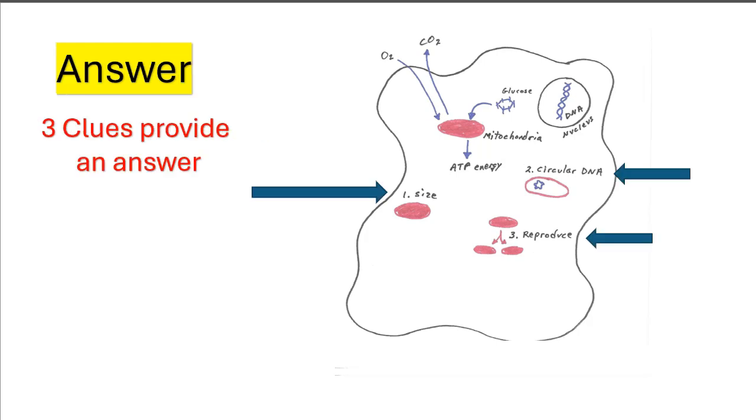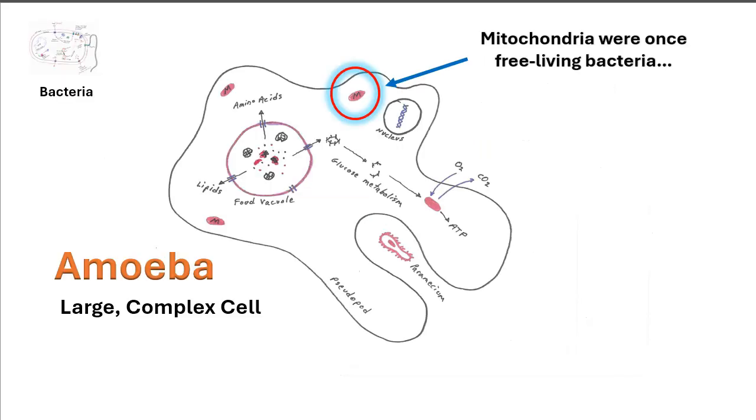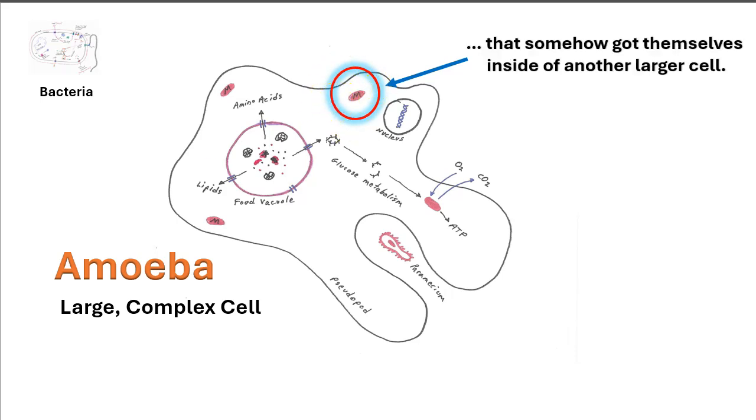Our three clues are going to provide an answer. Again, mitochondria are the size of bacteria, have circular DNA like bacteria, and reproduce like bacteria. And so the suggestion is that mitochondria were once free-living bacteria that somehow got themselves inside of another larger cell.